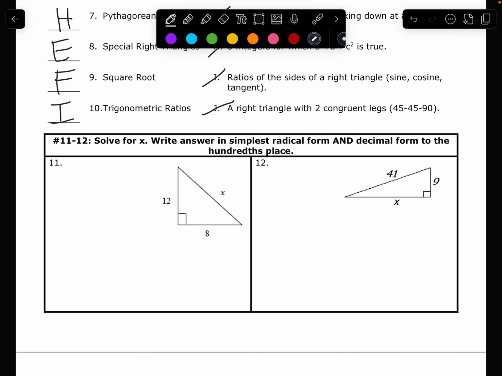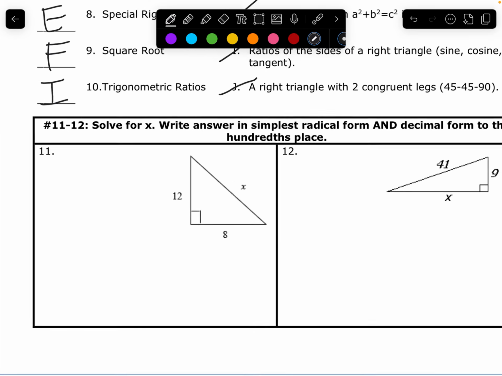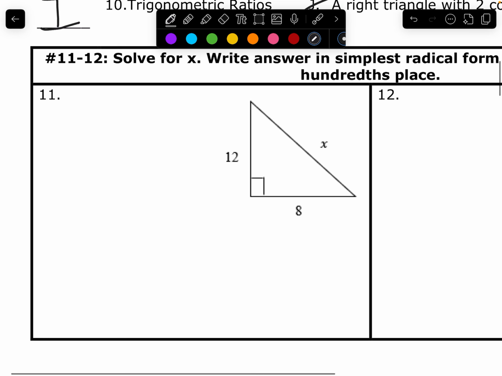All right, for numbers 11 and 12, we're going to solve for x, and write the answer in simplest radical form and in decimal form to the hundredths place. This is a Pythagorean theorem problem, and I can tell because I know two sides and I'm looking for the third side, the hypotenuse.